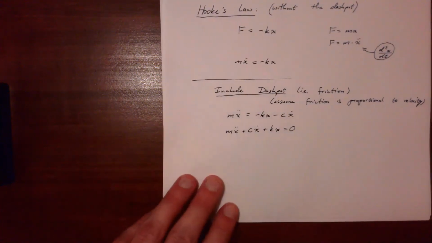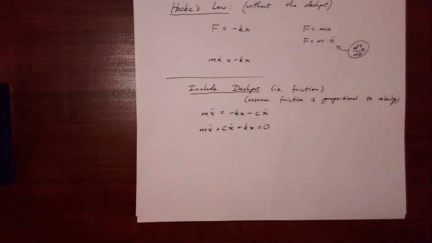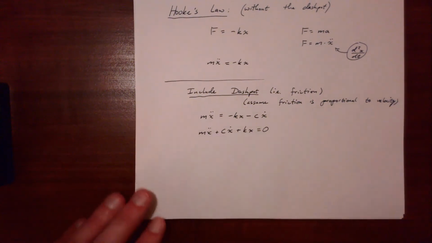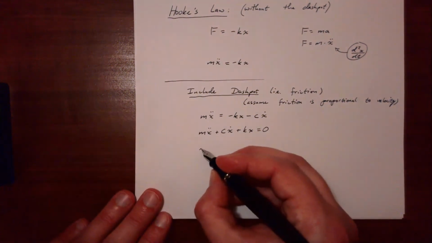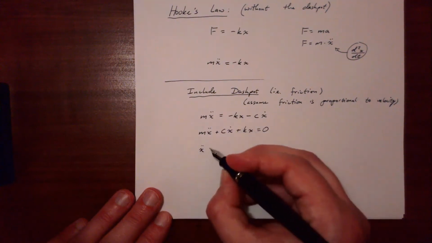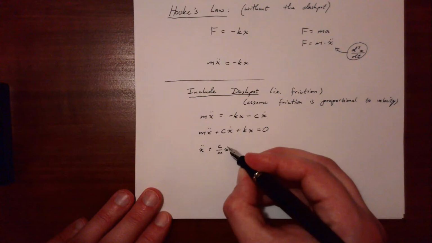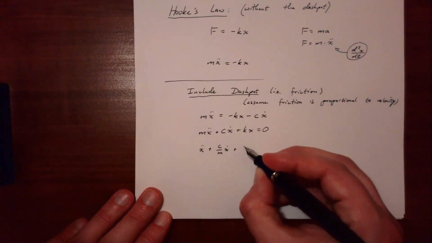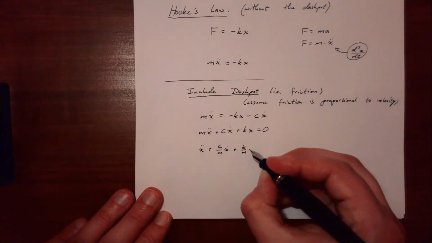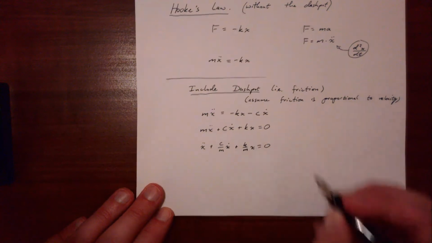So this will be our equation that we will constantly revert to whenever we are talking about this scenario, and it's very related to another scenario as well, or as we might find it more convenient, x dot dot plus c over m x dot plus k over m times x equals 0.